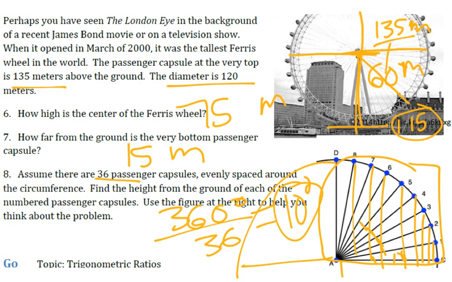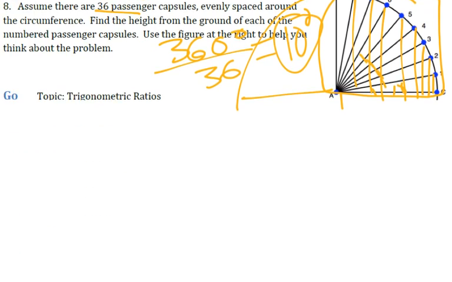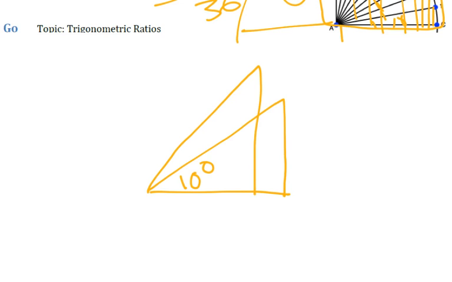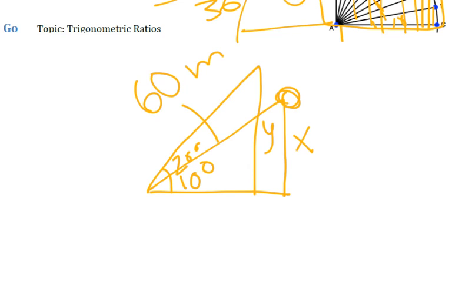Now that you know the degree, you're going to end up making a bunch of triangles where that's 10 degrees, and the next one up would be twice that, so 20 degrees. The hypotenuse is always going to be 60 meters, and you can figure out what those lengths are, and then add that to the 75 to find the height.